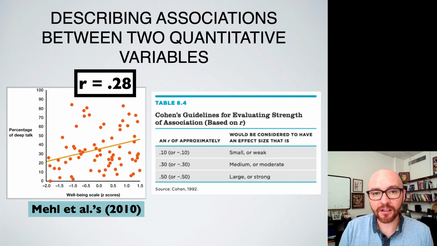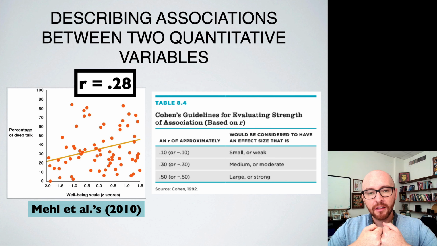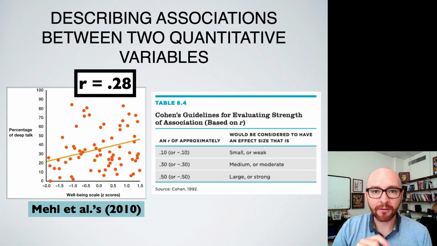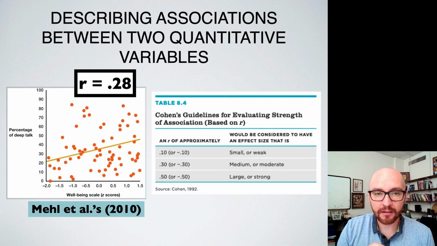So keep in mind that this R coefficient, or this correlational statistic, tells you the strength of the relationship between those two quantitative variables, right? This statistic, the R coefficient, tells us the strength between deep talk and well-being.